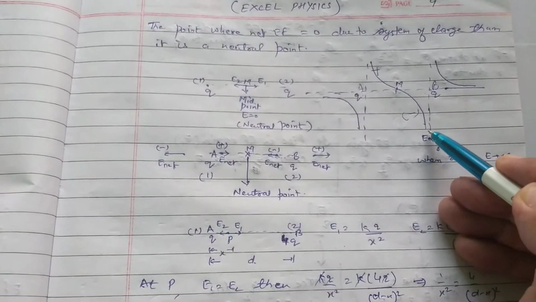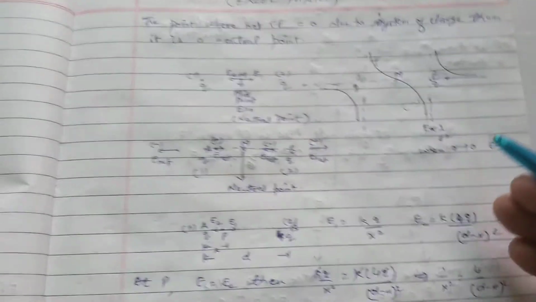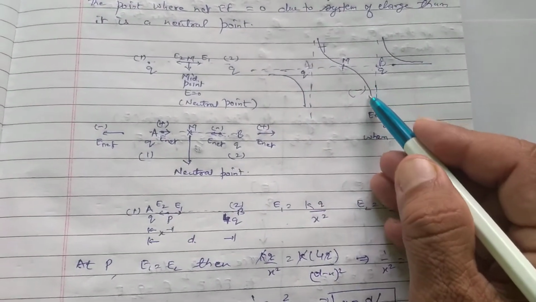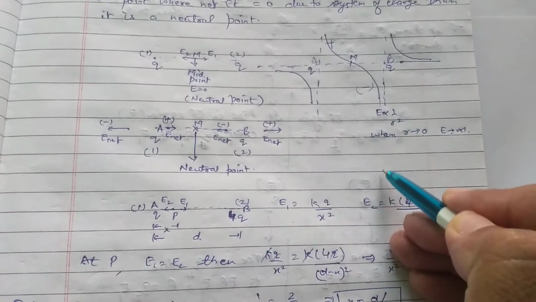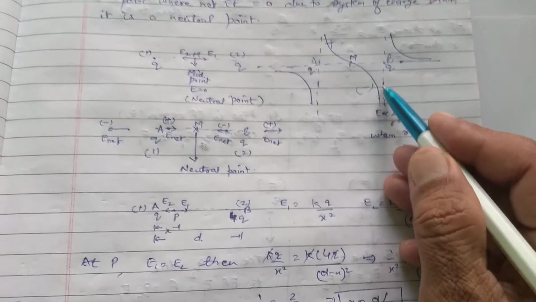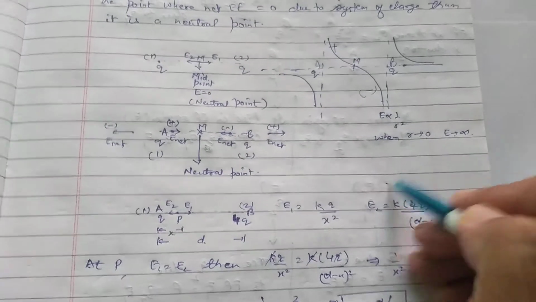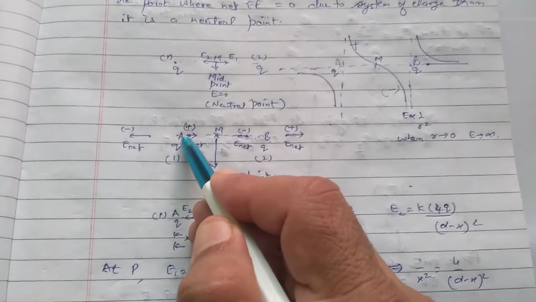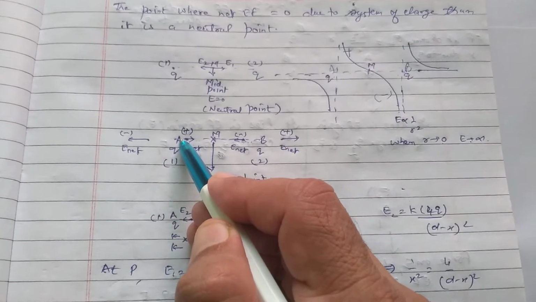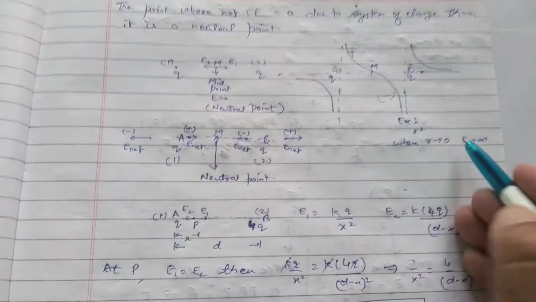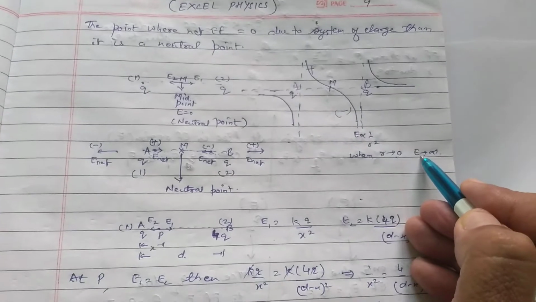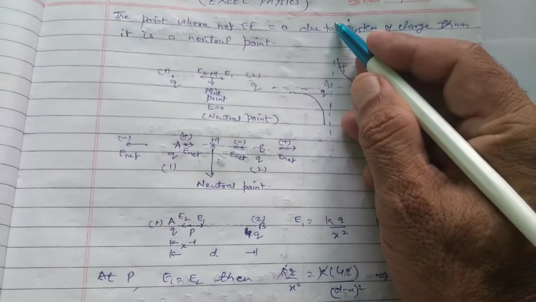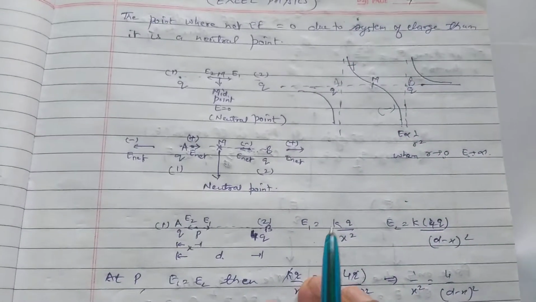But when the point is very close to Q, r tends to 0, E tends to infinity. That's why this graph is going to move in this particular way. It means it will meet this axis at infinity. The same thing here: when this point is very close to charge Q, r tends to 0, E tends to infinity, so it is going to touch this axis at infinity.